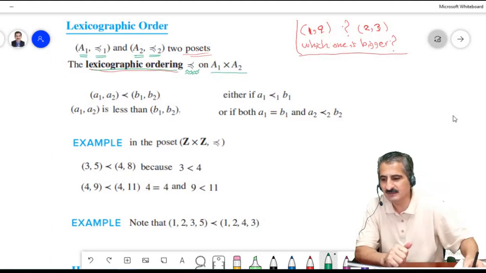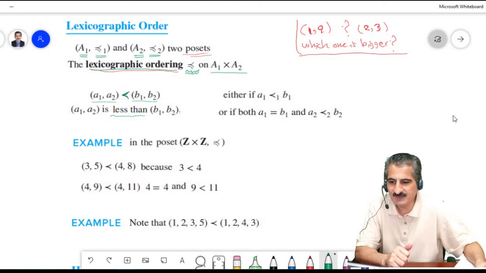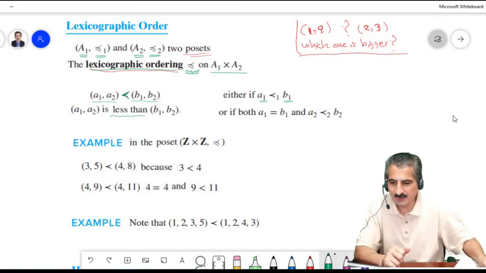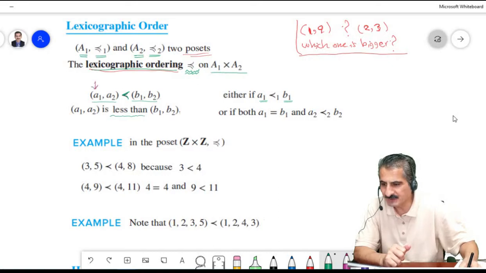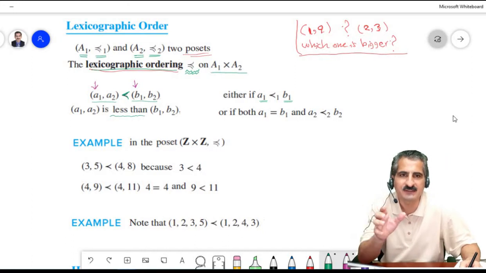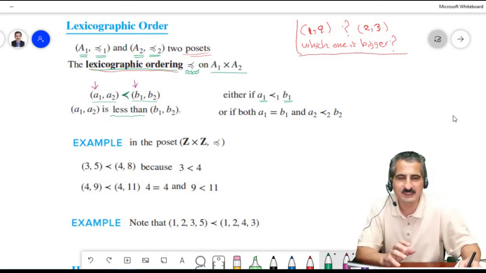An ordered pair is less than the other ordered pair when, first, we compare the first components of both ordered pairs. If I find one of them is less than the other, then I say the ordered pair that has the smaller first coordinate is smaller than the other ordered pair.